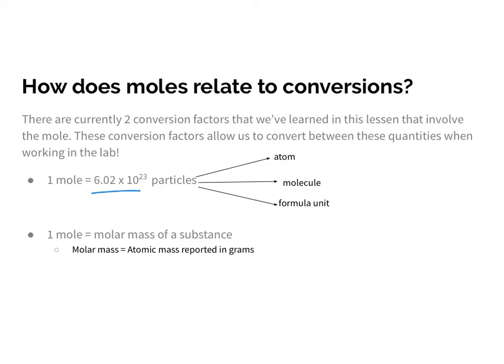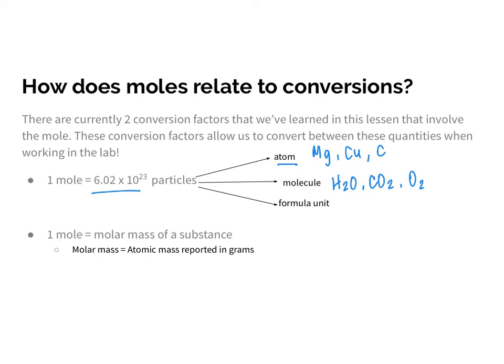These particles, as I mentioned before, could be atoms, something like magnesium atoms, copper atoms, carbon atoms. Those are single elements. Molecules would be something like H2O. Remember, these are covalently bonded to one another. CO2, also those diatomic elements, something like oxygen or nitrogen, those are molecules when they are diatomic and bonded to each other.